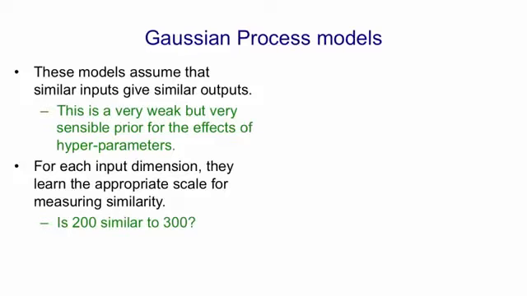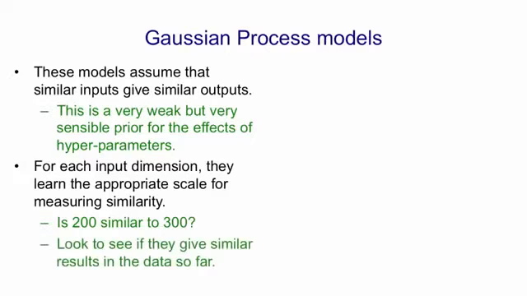If we don't know anything about neural nets, initially we have no idea, but we could look at the results of experiments so far. And if experiments with 200 and experiments with 300 tend to give very similar answers when you take into account the other differences between the experiments, then 200 is probably similar to 300.